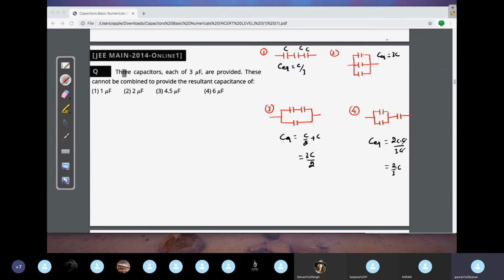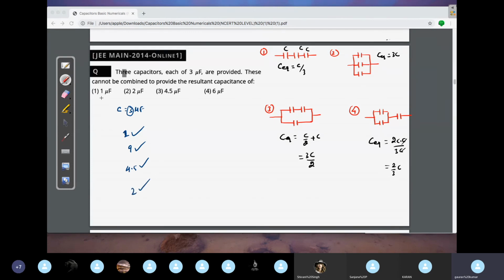That's it. Now check one by one. What is C given in the question? C value is given as 3 microfarad. So first, 1 I can get. 1 is possible. 9 is possible. 3C by 2 is 3 into 3, 9 by 2, 4.5, also possible. 2 by 3C, so 2 by 3 times 3, 2 is possible.